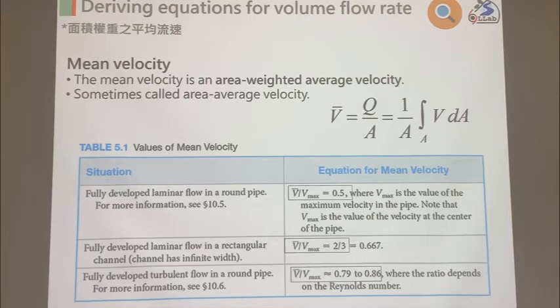Last week we concluded that the mean flow velocity is equal to the discharge divided by the total cross-section area. We pick up two conditions.